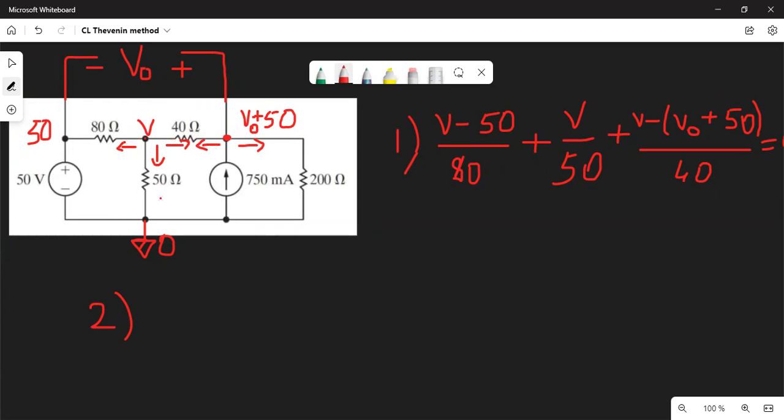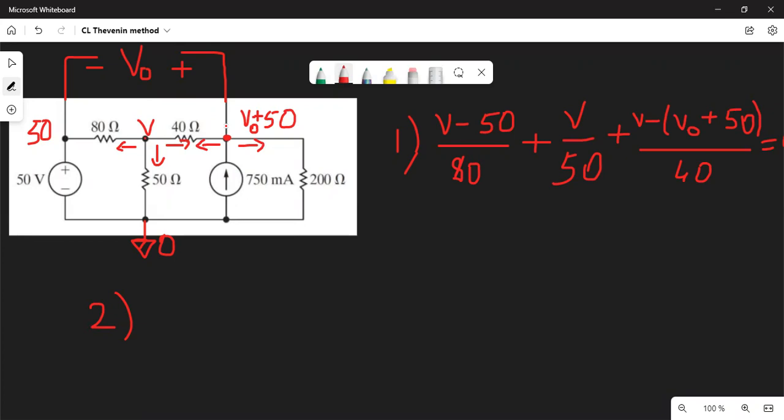In the rightmost branch there is 200 ohms, and that means current will flow there. So please consider this node in order to find one more equation. When there is no resistance in the branch, no current flows there, and there's no point in considering this branch to find an equation.